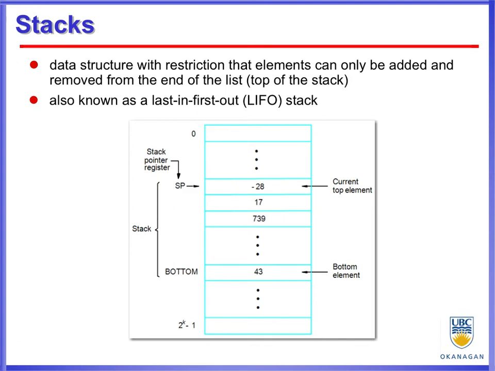A stack is a type of data structure, and a data structure is just how we keep some numbers in memory so that we can use them. It's a data structure with the restriction that elements can only be added and removed from the end of the list, the top of the stack, also known as last in, first out, a LIFO stack. We always visualize memory as sequential memory words, with address 0 up to a large number.